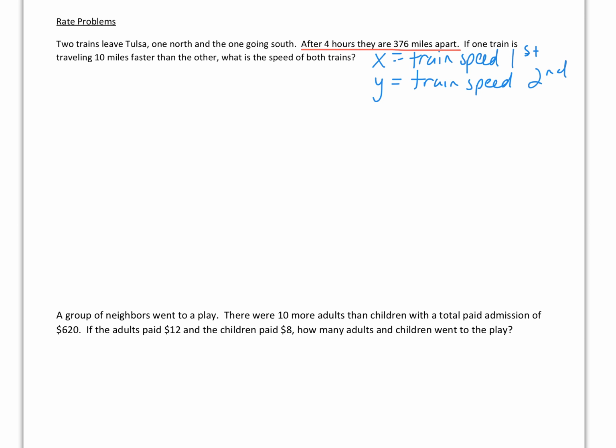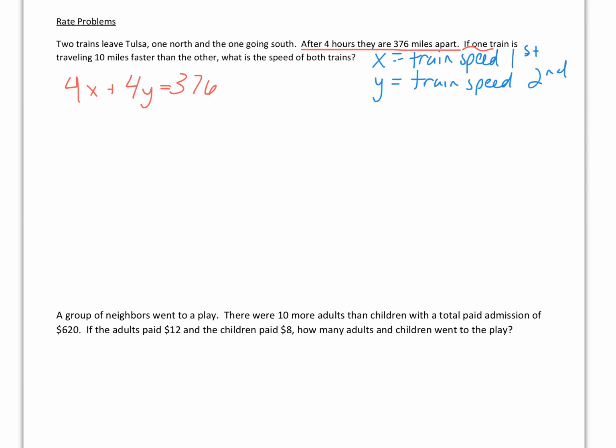After 4 hours, they are 376 miles apart. Well, because we're going to measure this in miles per hour, we can say after 4 hours, the train speed of X plus after 4 hours, the train speed of Y equals 376 miles.